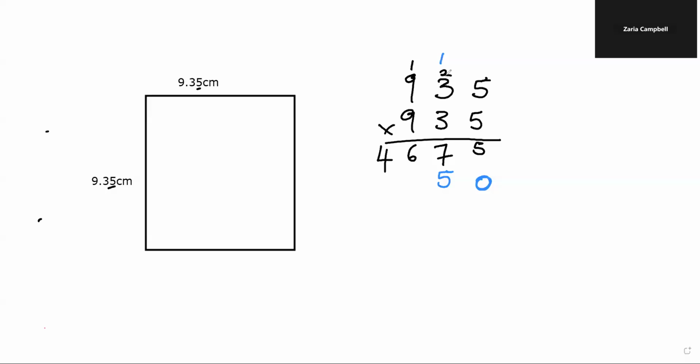The second one, cross it out, please. 3 times 3 is 9 plus 1, 10. Put down the 0. Carry 1. 3 times 9 is 27 plus 1, 28. Put down 28. And then we put 2 placeholders, so 2 zeros.